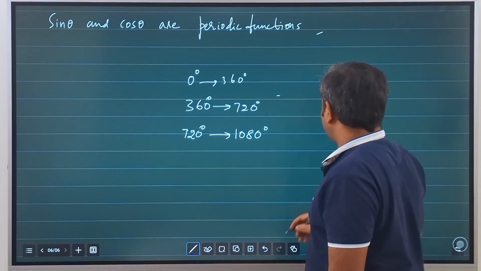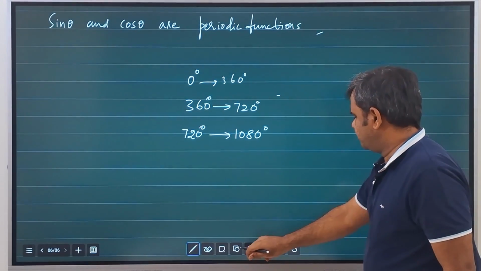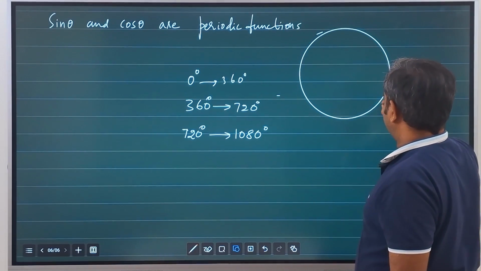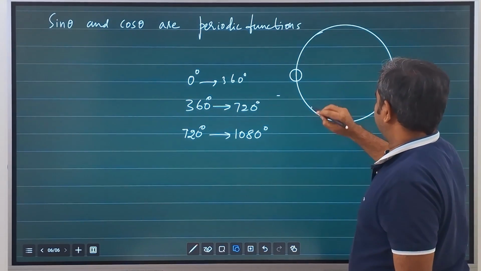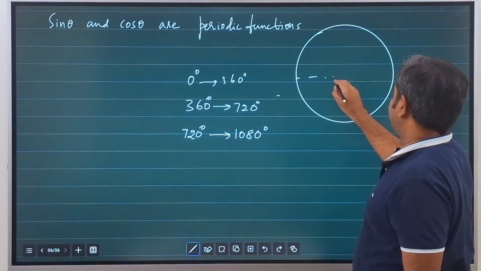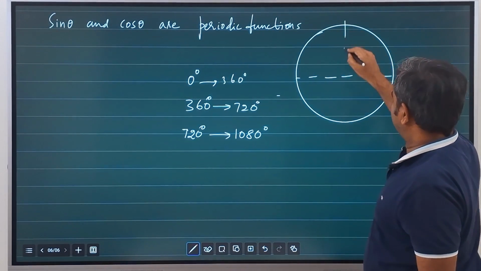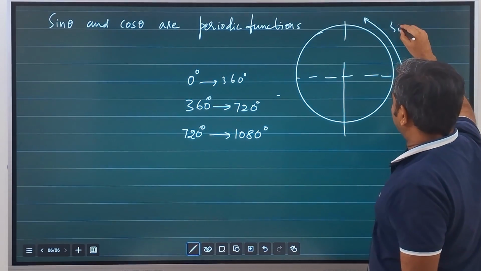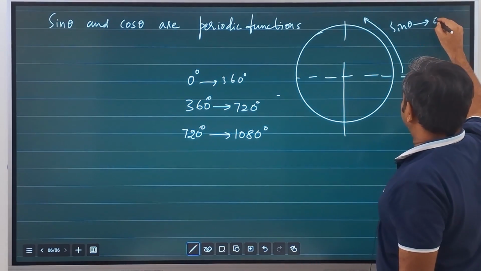We also have drawn the graph. In the first cycle, in the first quadrant, sine theta value increases from 0 to 1. We have seen this.